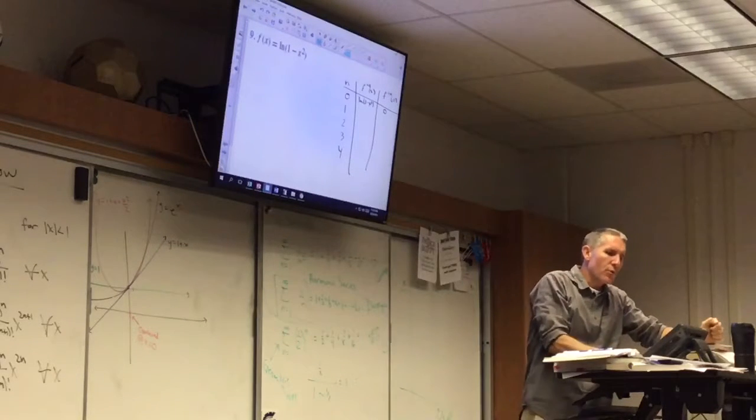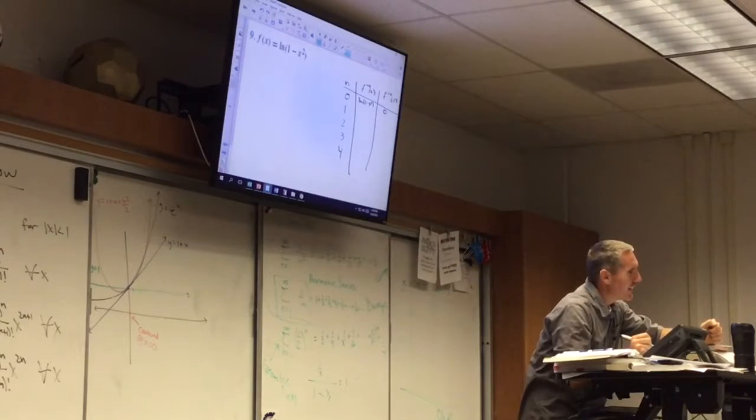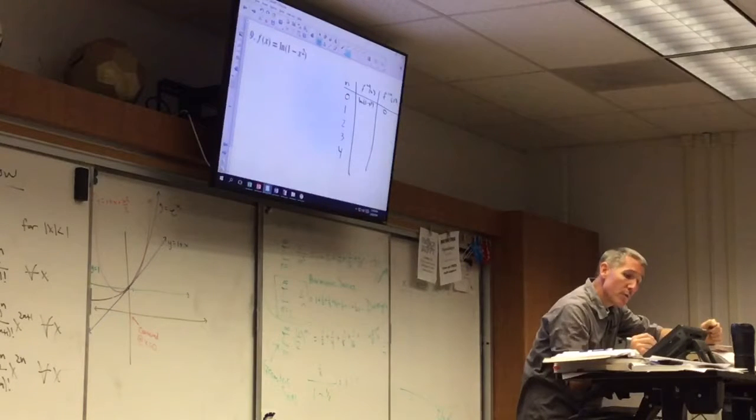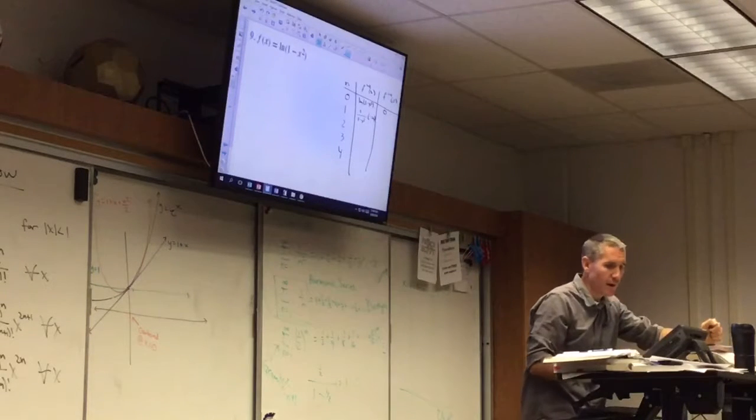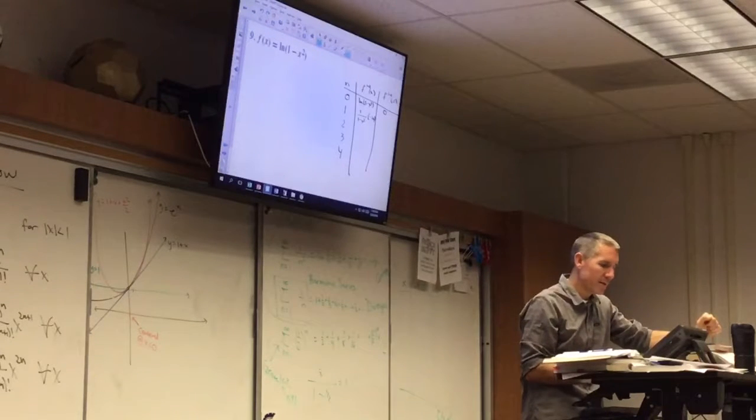So let's go through the first derivative of ln of 1 minus x squared. We would start with 1 over 1 minus x squared times negative 2x, right? That's just going to be negative 2x over 1 minus x squared.